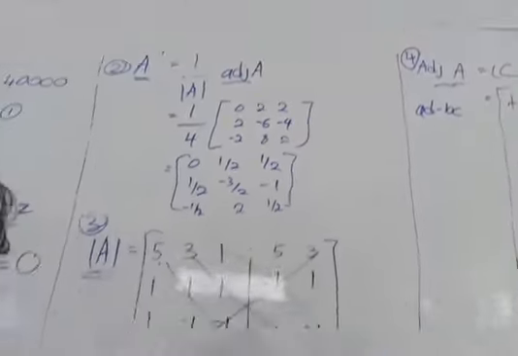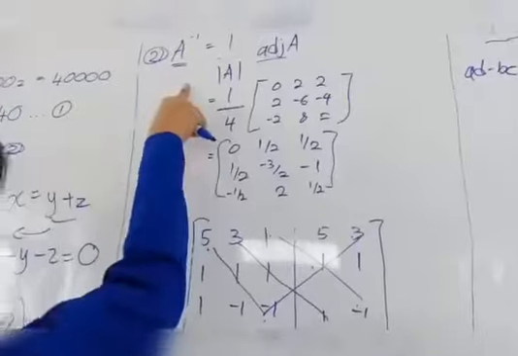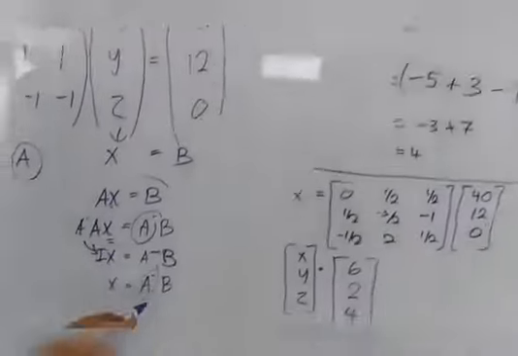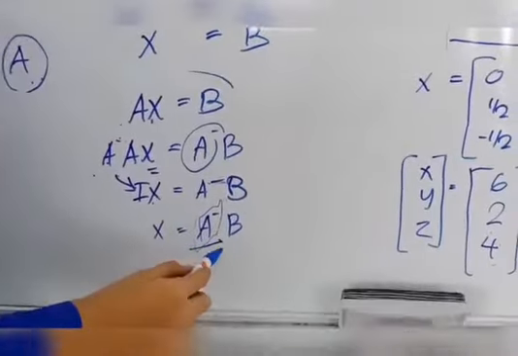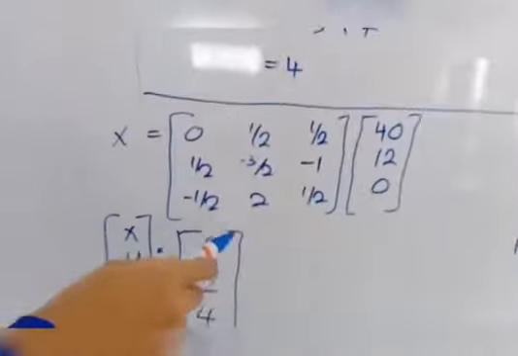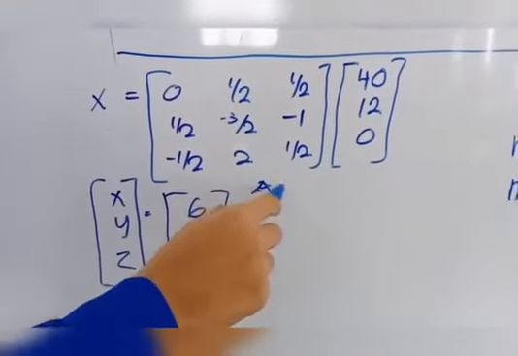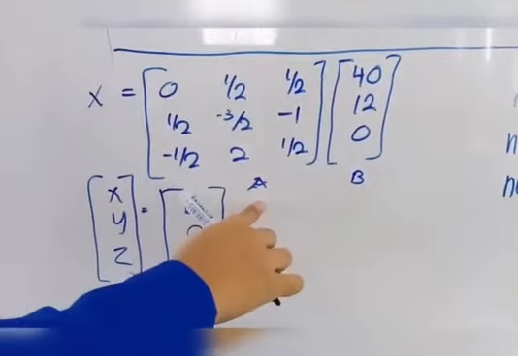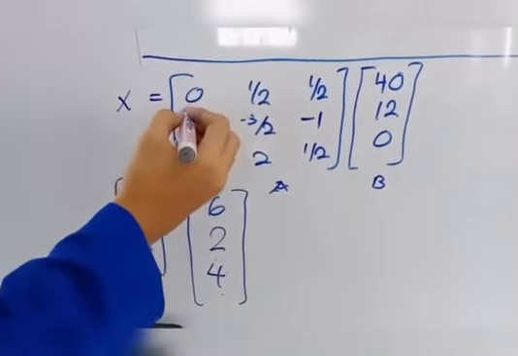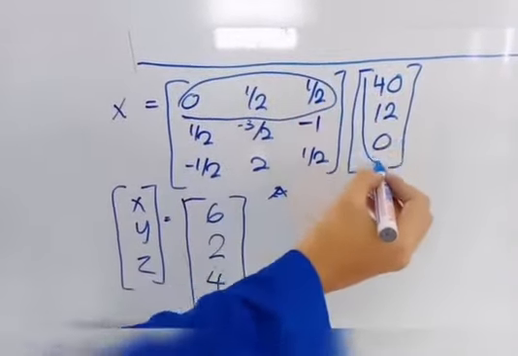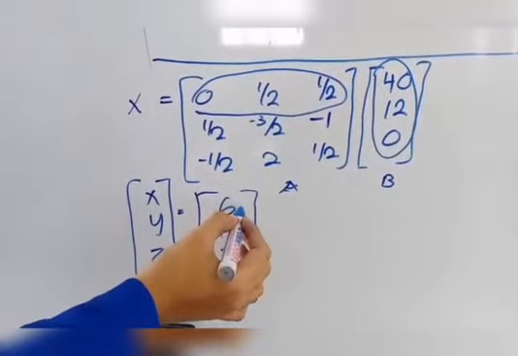After that, we have found the inverse, so we just multiply by B. This is matrix A and this is matrix B. We multiply this by this and get 6.